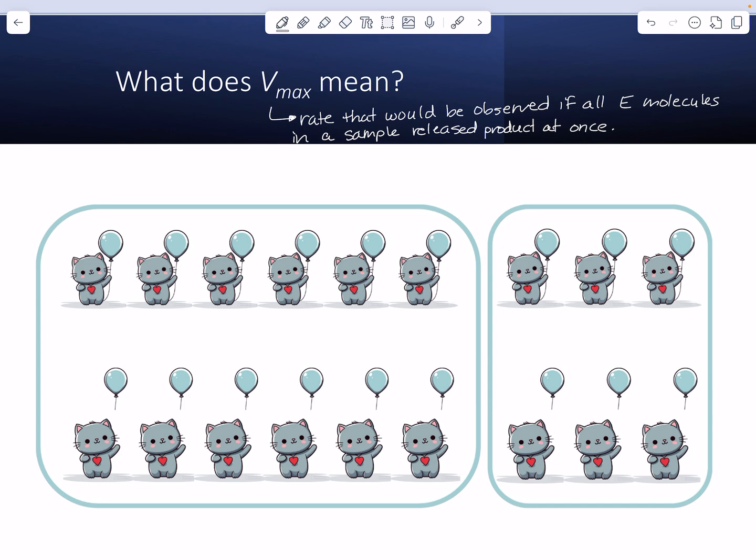So the point of this picture is to show you that the rate that you would observe, the number of balloons that you would see released, is going to be related to the number of cats that you have there, or enzyme molecules that you have. If I have 6 cats holding balloons and they all release balloons at the same time, I'm going to have 6 product molecules, my floating balloons.